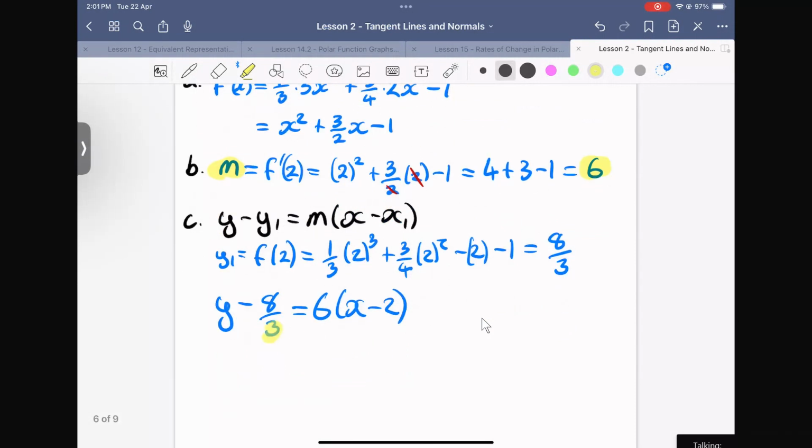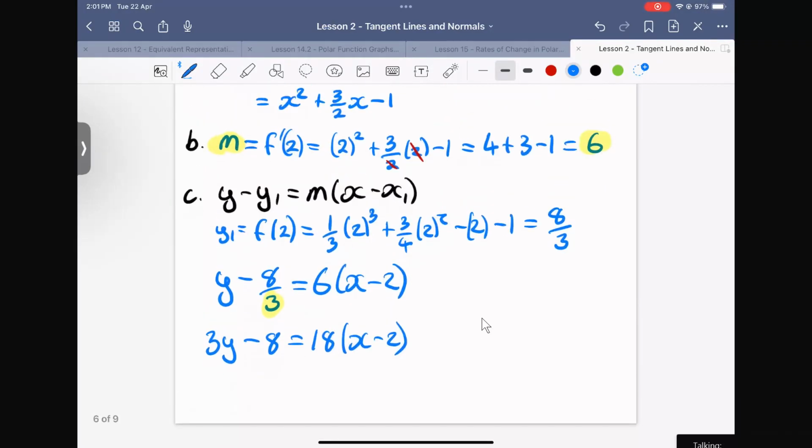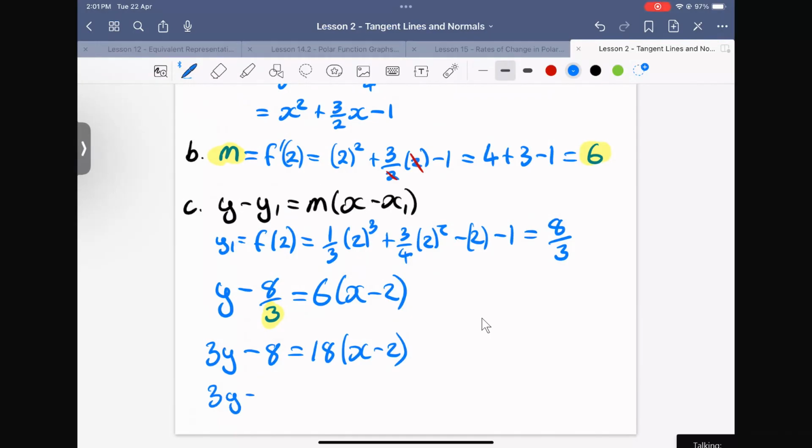So take whichever number we have in the denominator here and multiply through by that. It gives us 3y minus 8 is equal to 18 bracket x minus 2. Open the bracket, we get 3y minus 8 is equal to 18x minus 36. And then we have to move it all over onto one side.